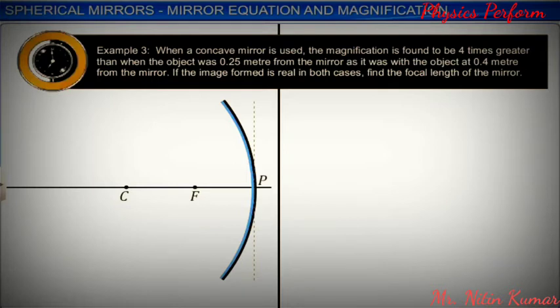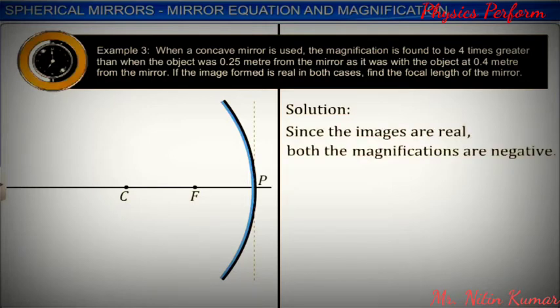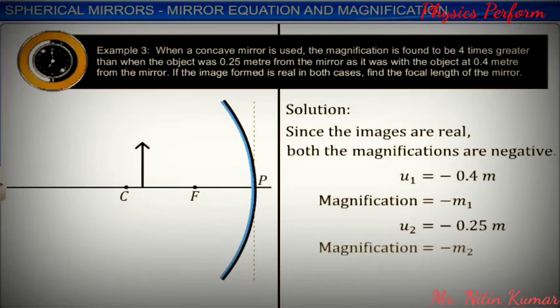Let the magnification be -m1 when the object is at a distance of 0.4 meter and -m2 when the object is at a distance of 0.25 meter. On rewriting the mirror equation, we have m is equal to f divided by f minus u.